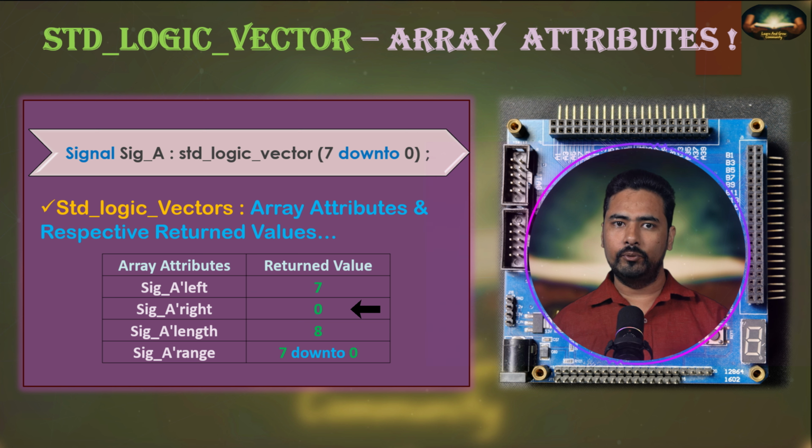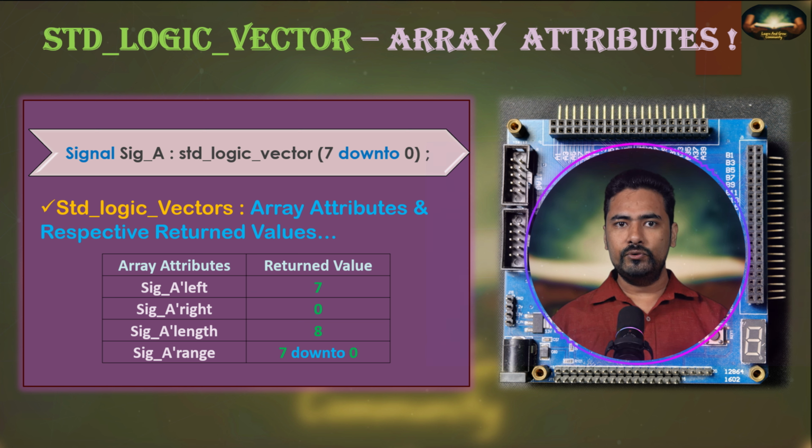In the same way, the length attribute of this vector will give you the value 8 because it is 7 down to 0, hence it has a total of 8 bits. And the range of this vector will give you 7 down to 0, where 7 is the leftmost bit and 0 is the rightmost bit. By leveraging these attributes, you can write more readable and maintainable VHDL code.